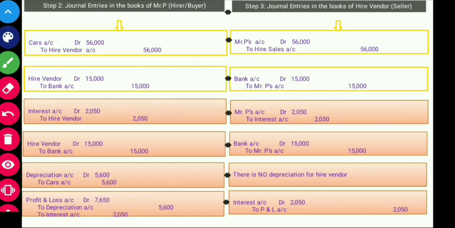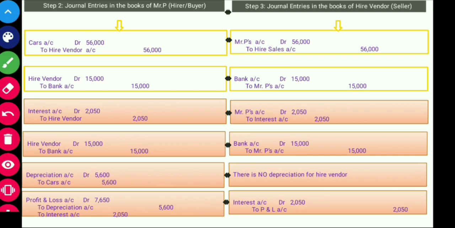I just made a comparison of all the entries we made in step 2 and step 3. You can see how the entries are changing in the book of buyer and seller. So we prepared 6 entries in the book of buyer and 5 entries in the book of seller. The first 2 entries may not repeat in every year, but the remaining 4 entries should be prepared for all the years.